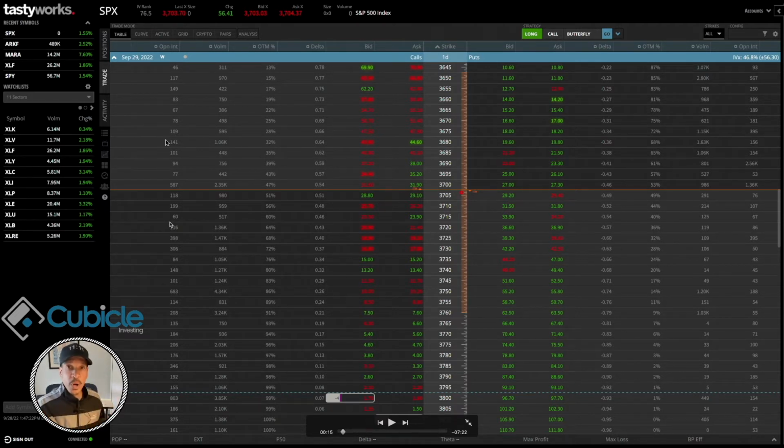The first one was put on the actual day of expiration, and the second one was for the next day, September the 29th. They are both vertical call credit spreads.